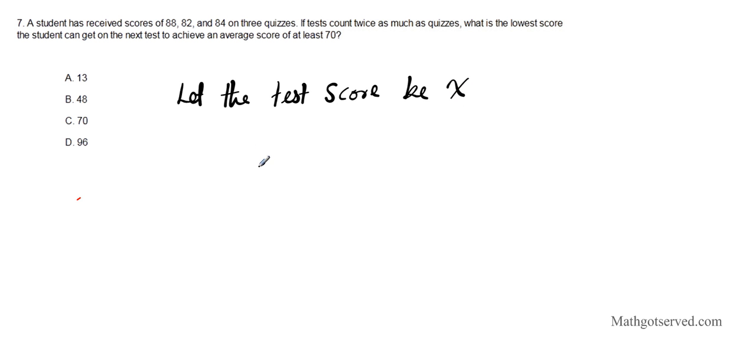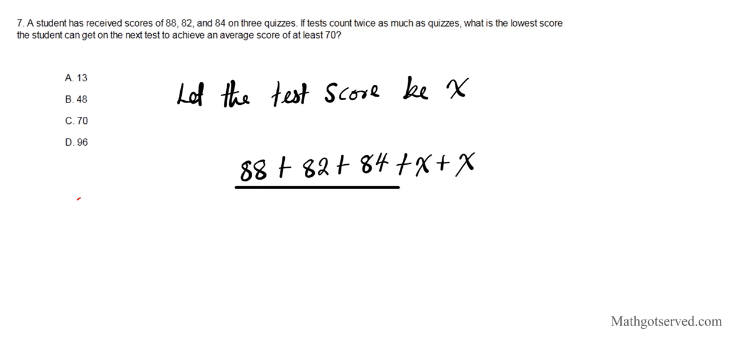So our average is going to be 88 plus 82 plus 84, plus the test, which counts twice, divided by, since the test counts twice, instead of 4 we're going to have 5, because you have 1, 2, 3, 4, 5. That's the formula for average: the total divided by the number of elements in the sample space.